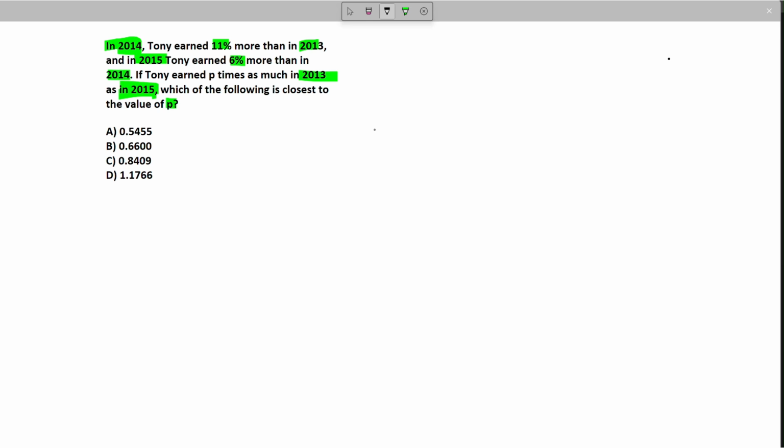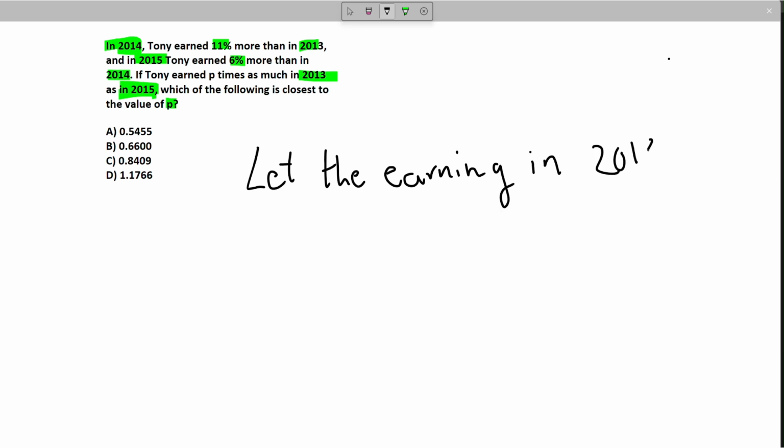In this kind of question it is better to suppose the initial earning to be equal to 100. So let the earning in 2013 be 100.